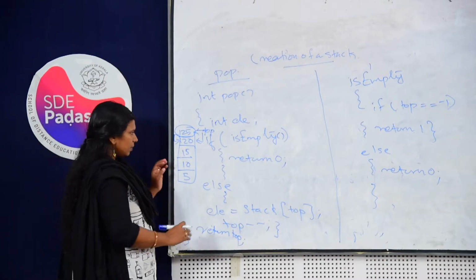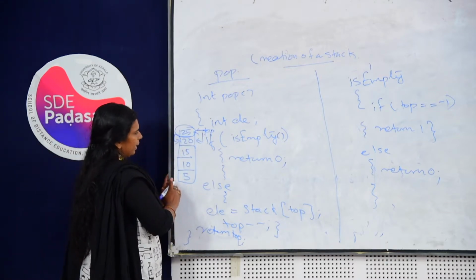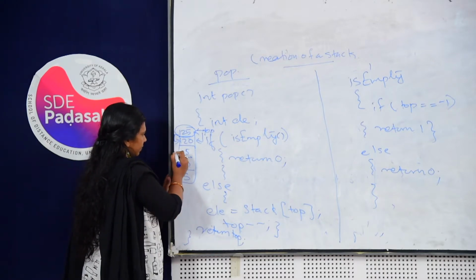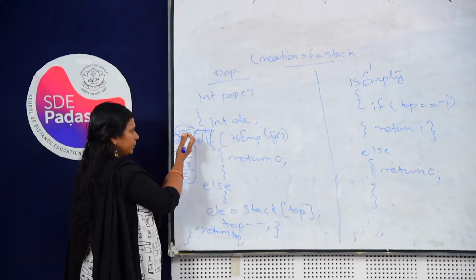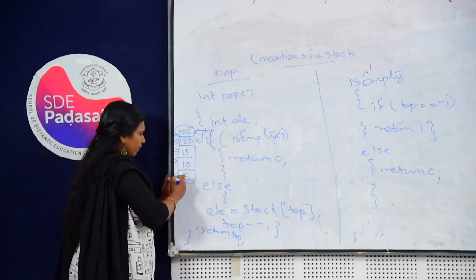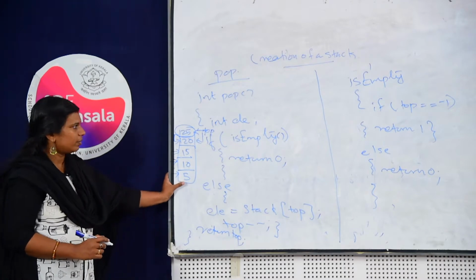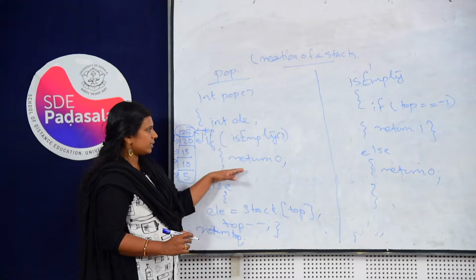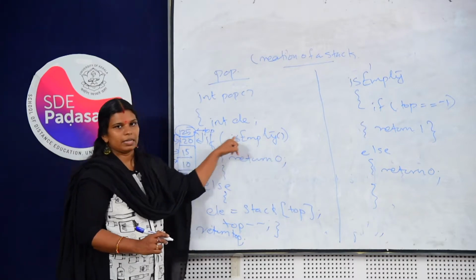This is the operation done. Okay. After popping all the elements, that is, likewise we have decremented, we have popped 20, we have popped 15, we have popped 10, and after we have popped 5, what will we do? We will check whether the stack is empty. Now this is-empty condition will be successful.